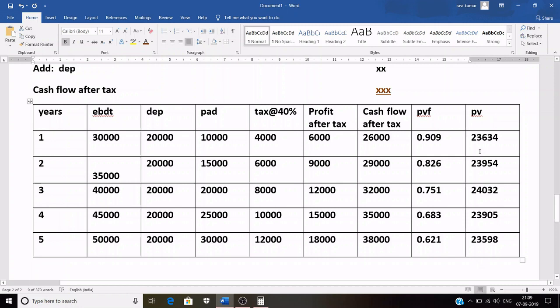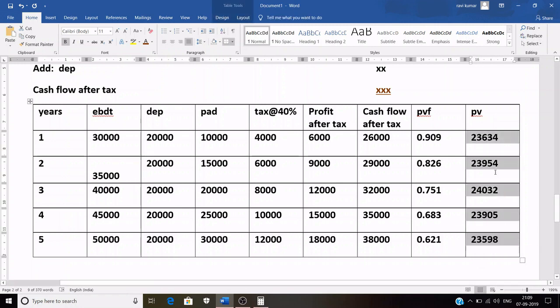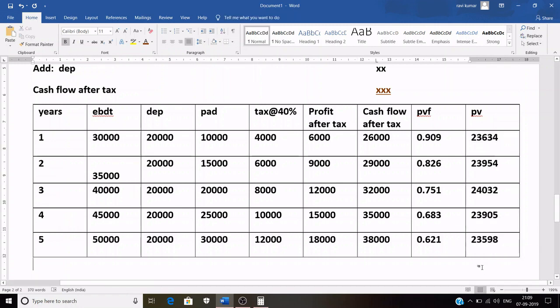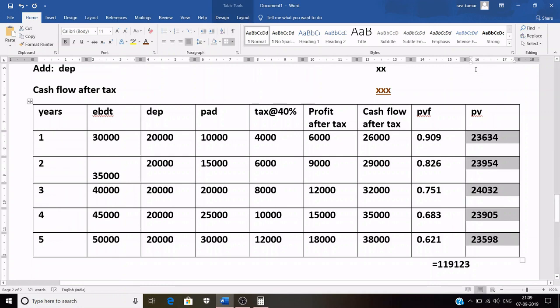Now our next step would be to total all these 5 years' present values to get the sum of all present value of cash inflow. So simply total here, when we total it of each year, we will get 1,19,123. After adding all present values of the five years, we will get 1,19,123.